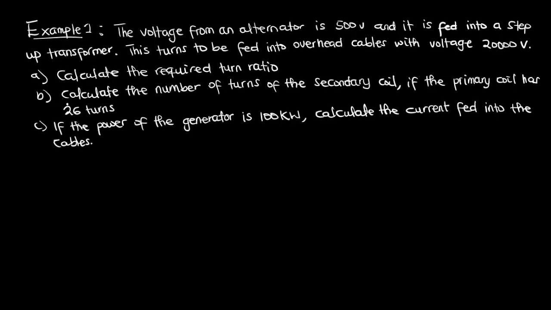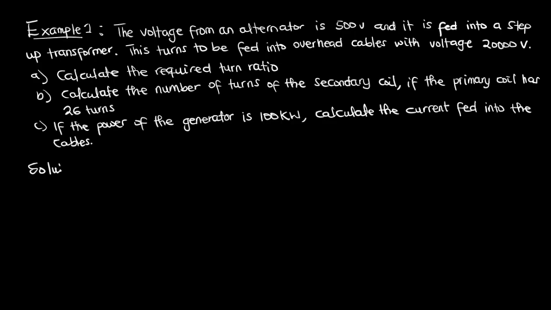B, we are to calculate the number of turns of the secondary coil if the primary coil has 26 turns. And then C, if the power of the generator is 100,000 watts, or 100 kilowatts, we have to calculate the current fed into the cables. Now this is fairly simple. Let's look at the solution to this problem.